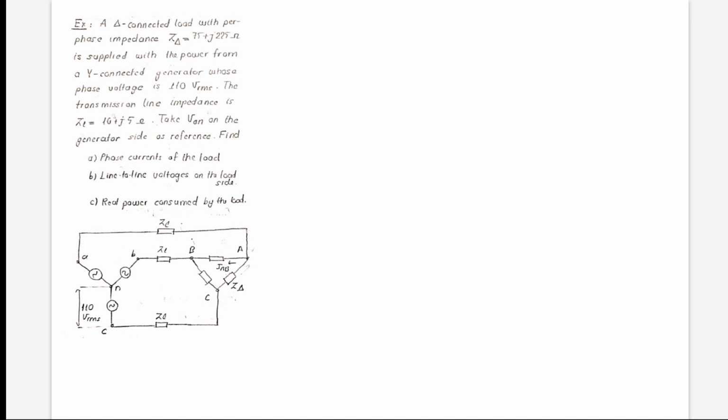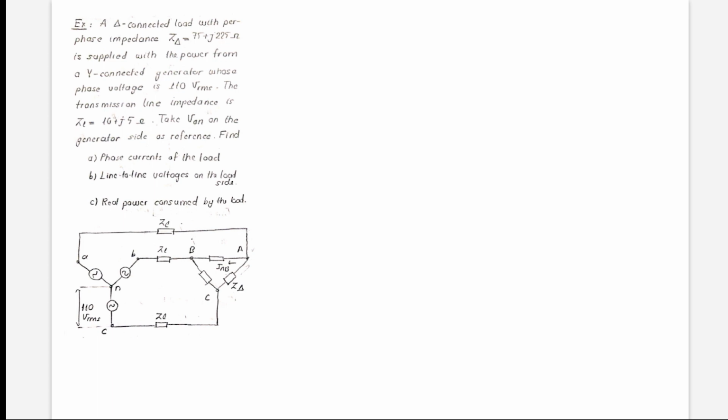In this example, we are given a delta-connected load with per phase impedance 75 plus j225 ohms, which is supplied with power from a Y-connected generator whose phase voltage is 110 V RMS.